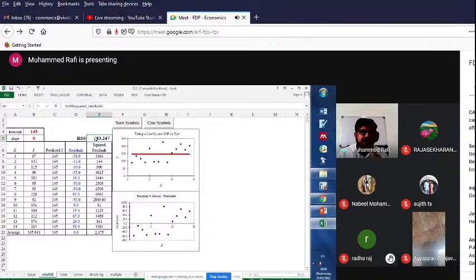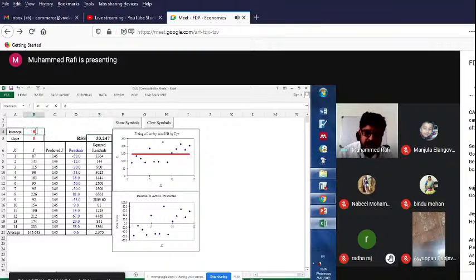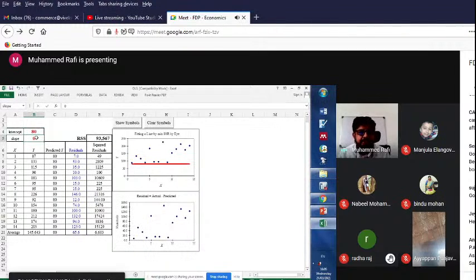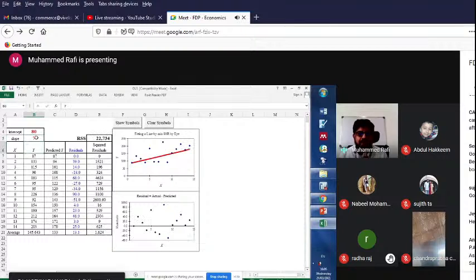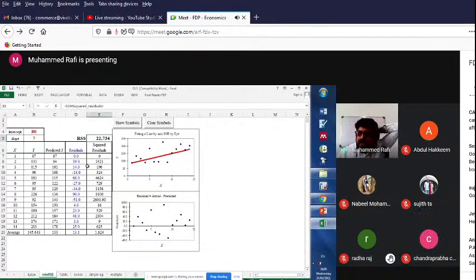Now you can see that when you give the intercept 145, you get 33,247 as the residual sum of square. But let me give the other values, 80 as the intercept and 7 as the slope. Now you can see that the residual sum of square is lesser. It is 22,000 something.